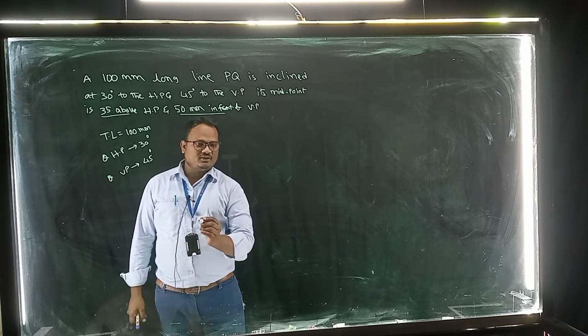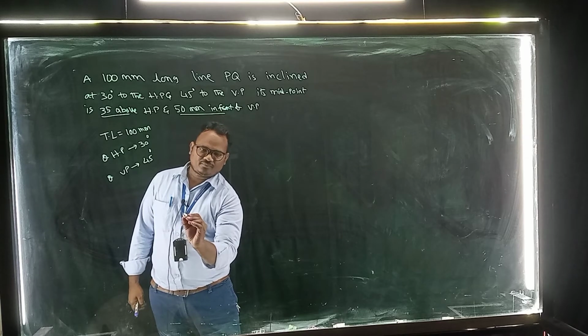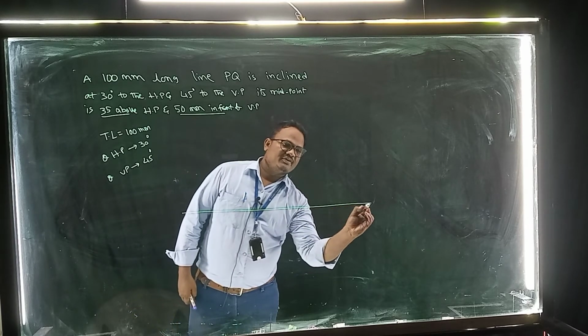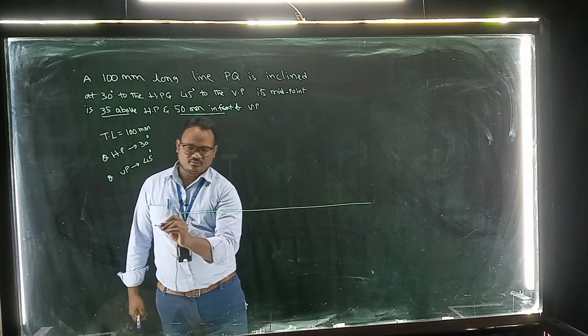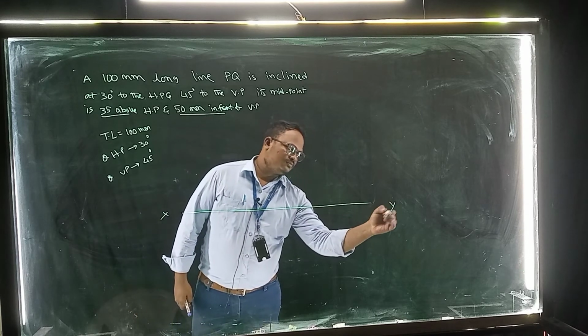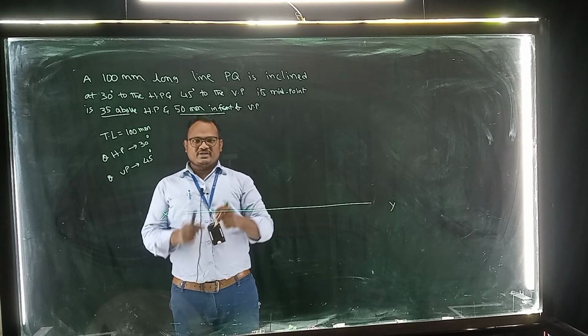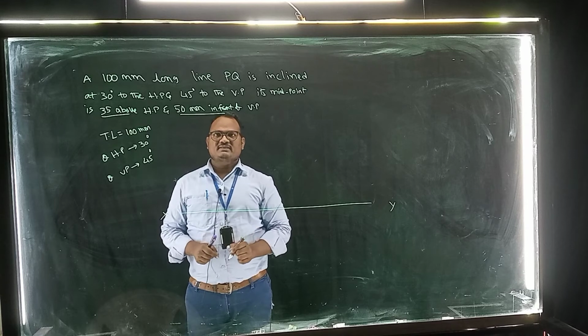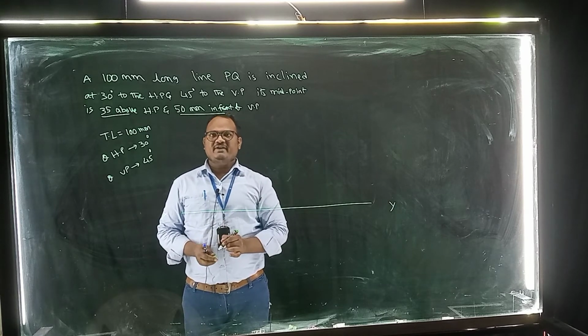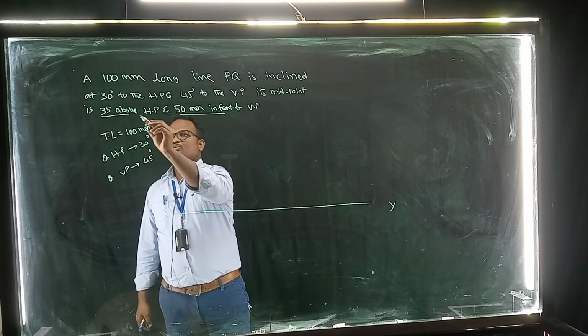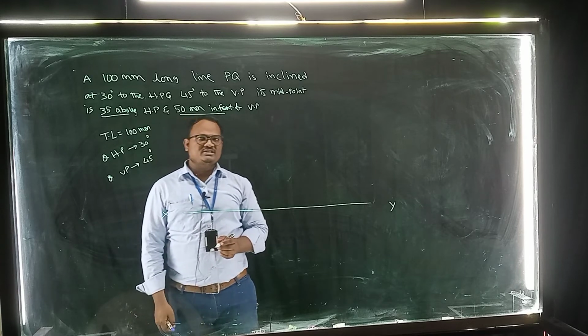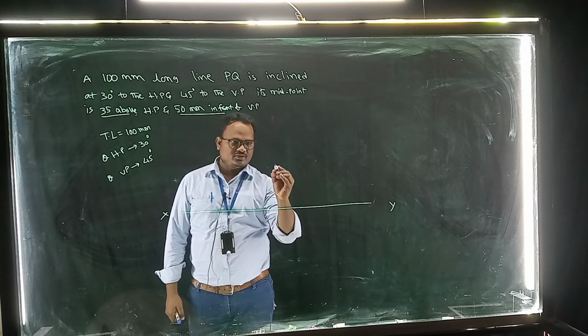Okay. So first of all, draw reference line XY. Instead of giving end points, in this problem he has given the midpoint. Midpoint above HP, how much has he given? 35 mm.